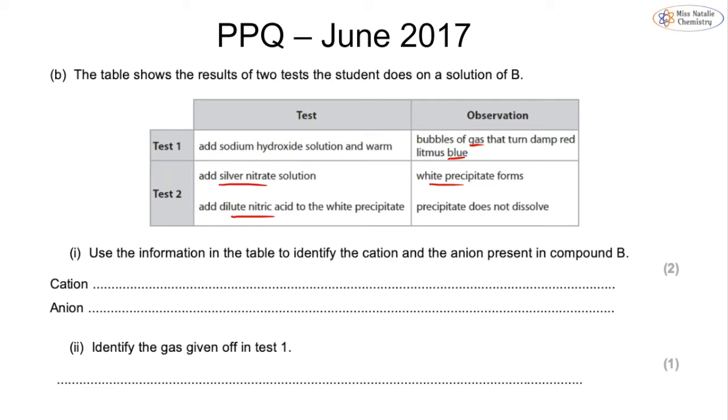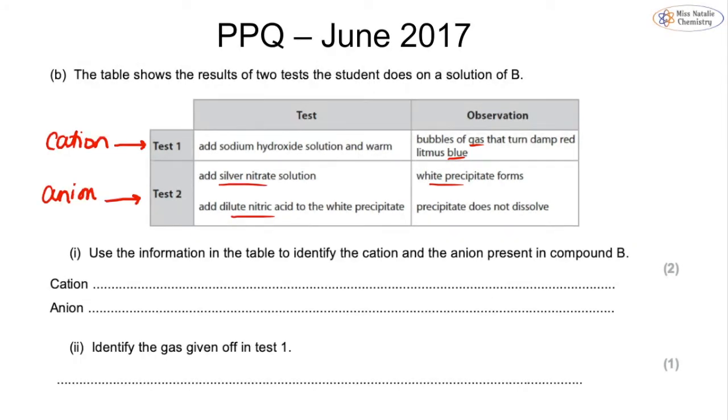So we want to use the information to identify the cation and the anion. Well, test number 1 is our cation. Test number 2 is our anion. So what cation will form a gas that turns litmus paper blue?